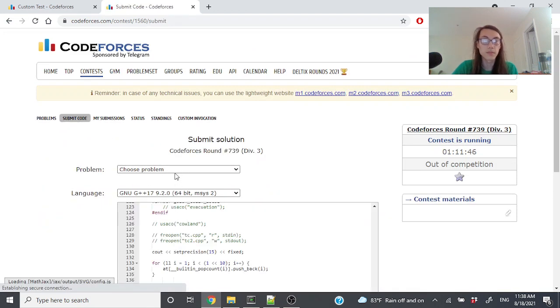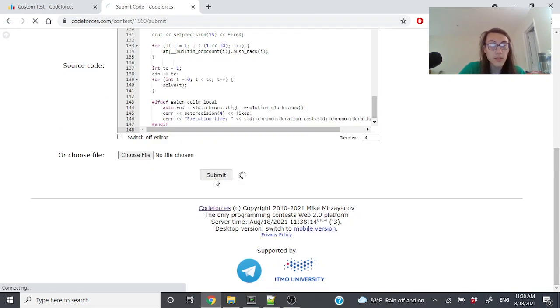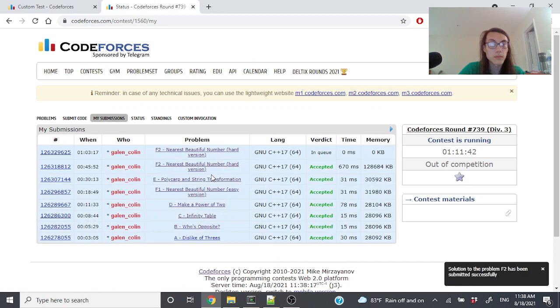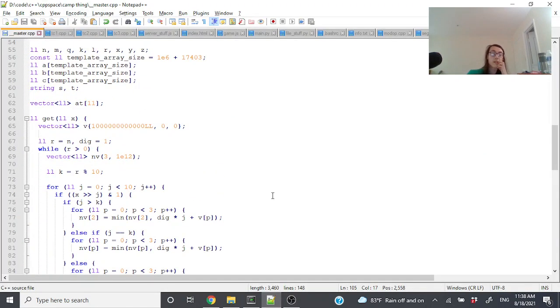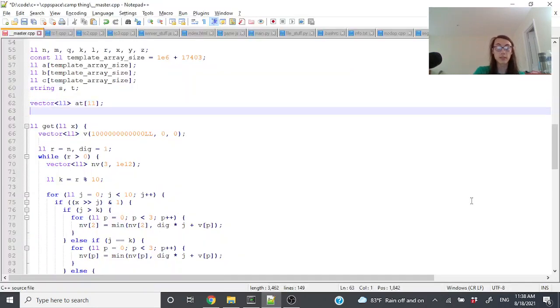Well, okay. Let's see how this does. Can it TLE? Might TLE. I guess it does. Awesome. Well, let's stop making tiny vectors, because that's gonna suck.